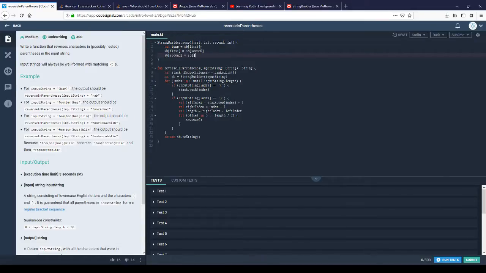I'm interested in whether the Kotlin style get and set still works in Java classes, which I tend to believe the answer should be no. Left index plus offset and right index minus offset. So that's the first phase.